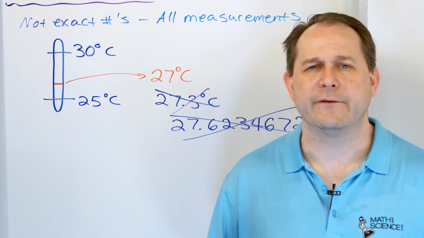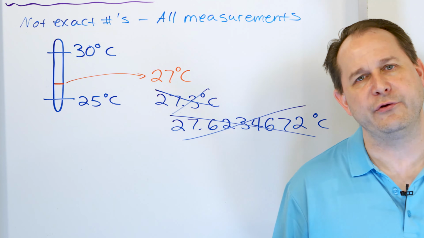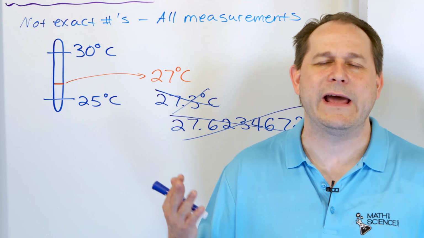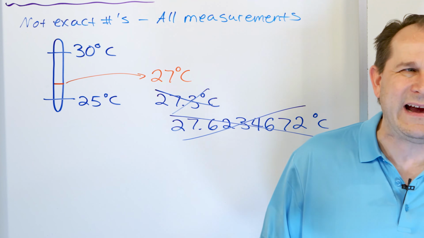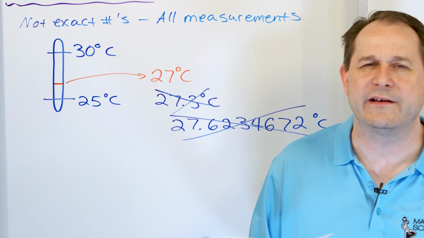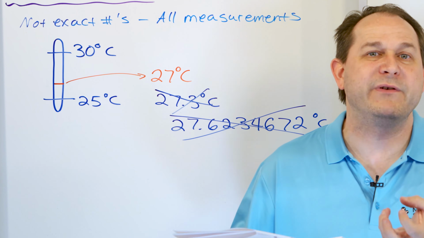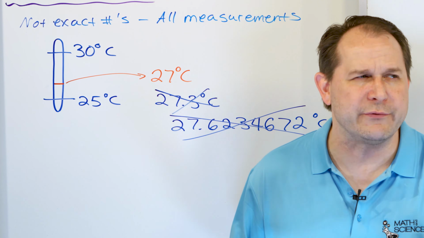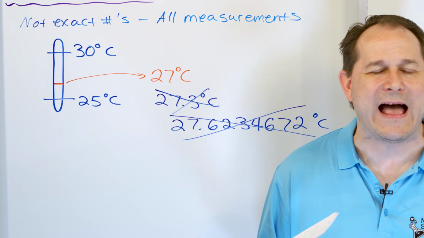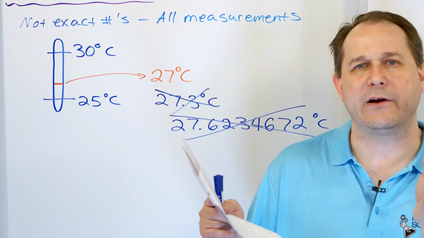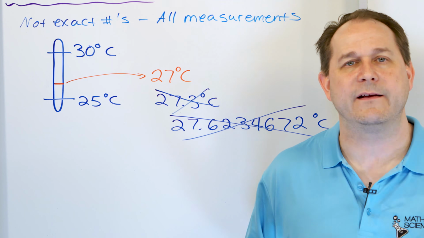You can't get an answer of 44.6972311 and so on. You can't get so many digits in your answer when you only had a fixed amount of digits in the numbers that you started with, because that is just too many digits representing an accuracy higher than my original numbers actually had.